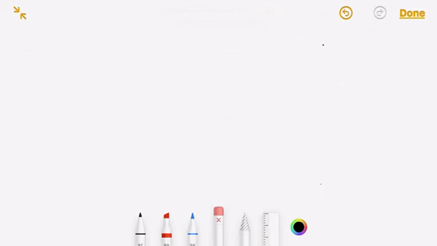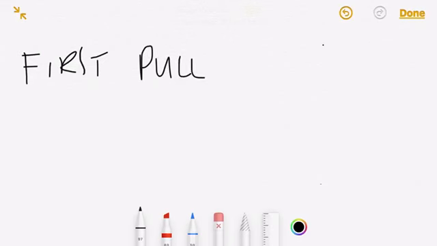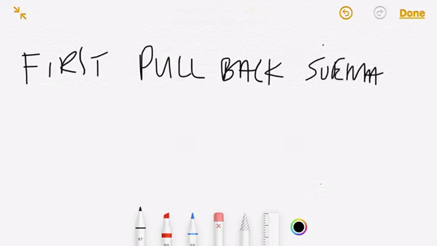An ID50 is the first pullback to the 50 EMA from the peak. An ID50 is the first pullback to the 50 EMA from the peak.